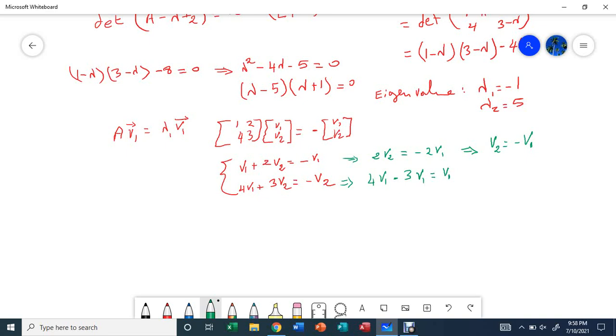Solving, 4v1 minus 3v1 gives me v1 equals v1, and that means v1 can be any constant k, where k is a real number. So if v1 is k, v2 is -k.